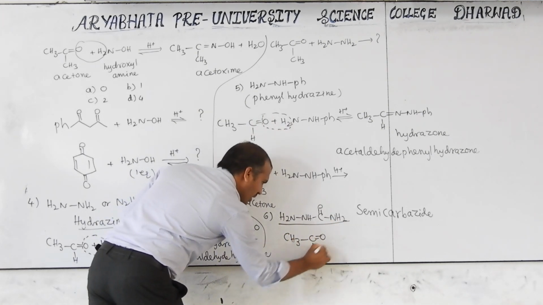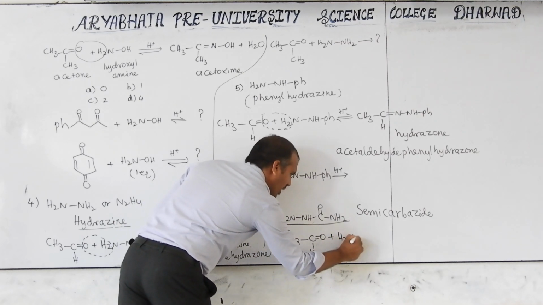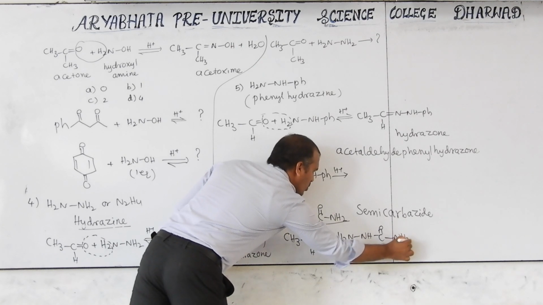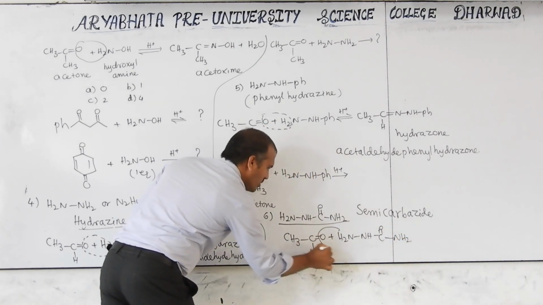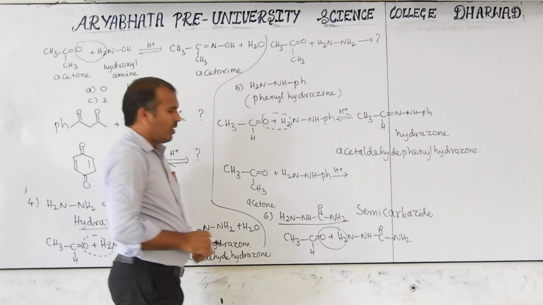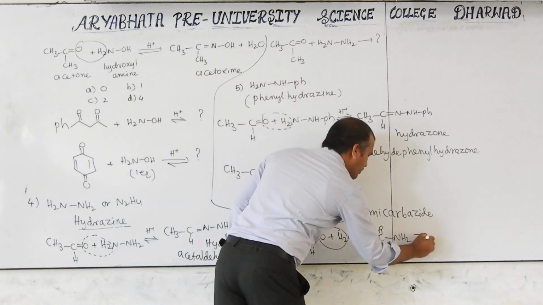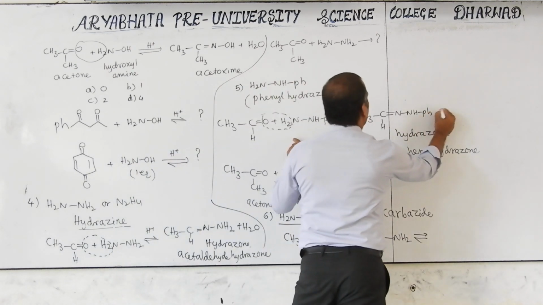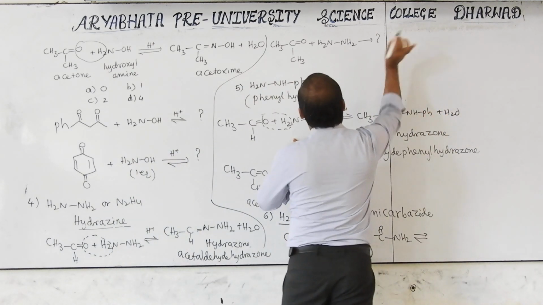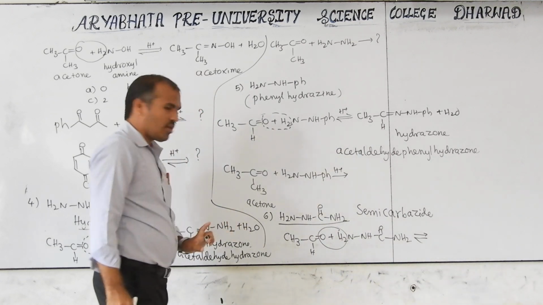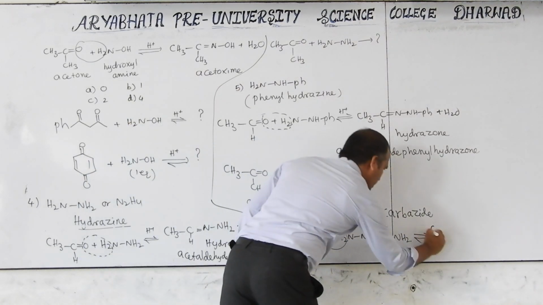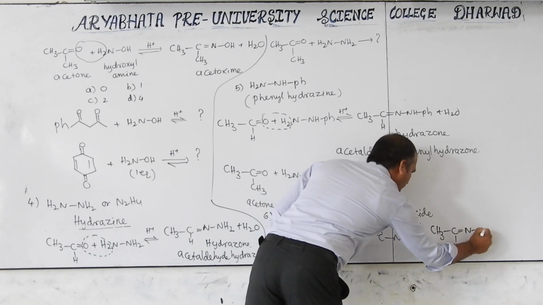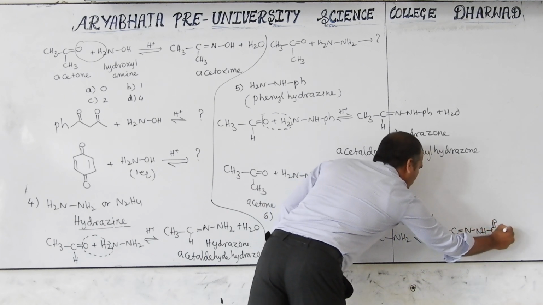This acetaldehyde reacts with NH2NHC=ONH2. Then a water molecule is removed here. Now the product is CH3C=HNNHC=ONH2.